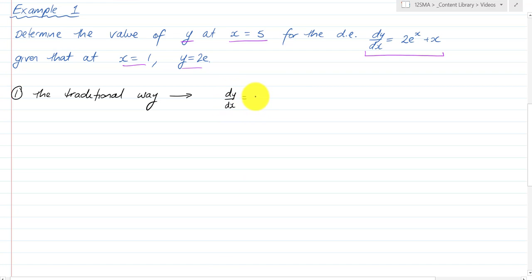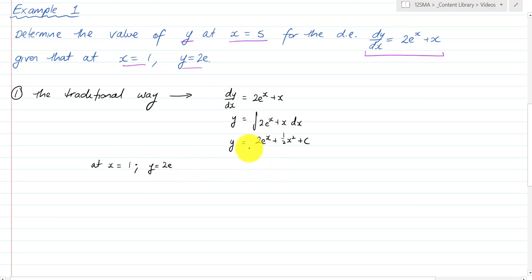dy dx is equal to 2e to the x plus x, and so therefore y will be equal to the integral of 2e to the x plus x dx, and that means that y is equal to 2e to the x plus a half x squared plus some c value. Now we know that at x equals 1, y equals 2e.